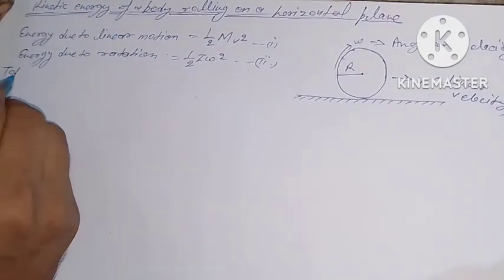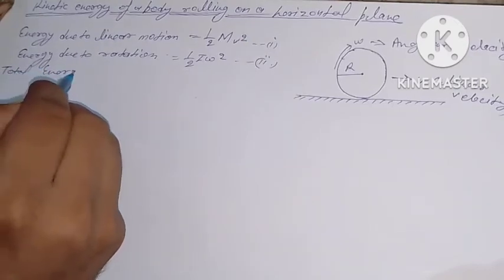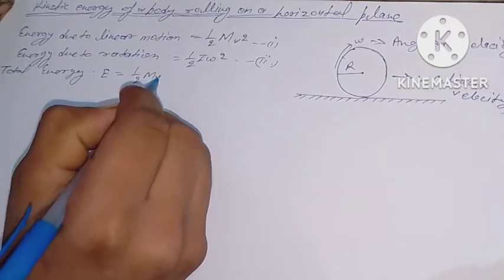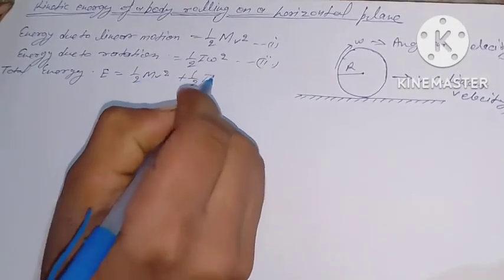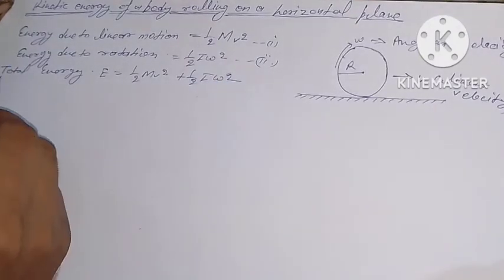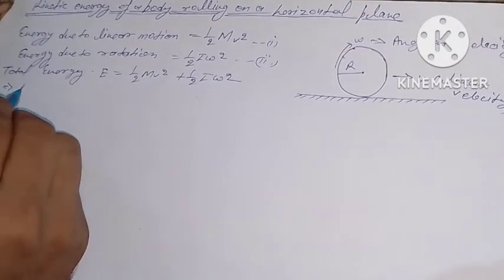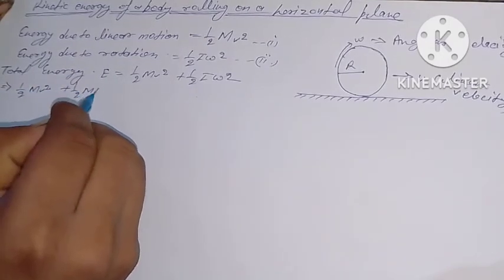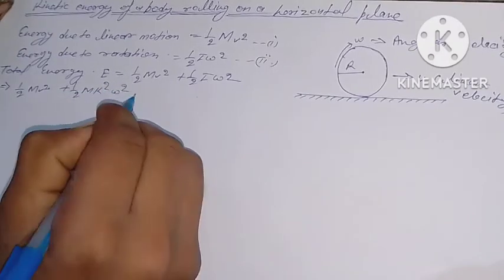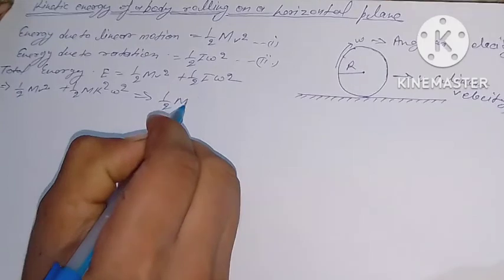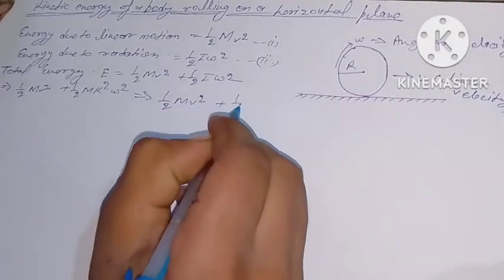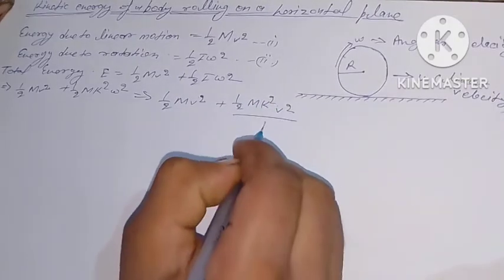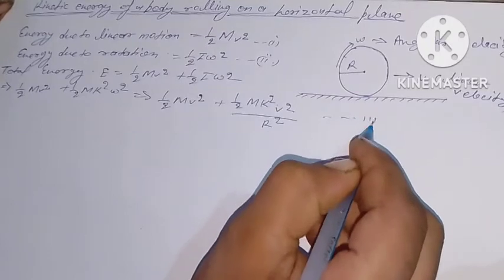Total energy E equals 1/2 mb square plus 1/2 I omega square. That is 1/2 mb square plus 1/2 mk square omega square. That is 1/2 mb square plus 1/2 mk square b square upon r square. That is equation number third.